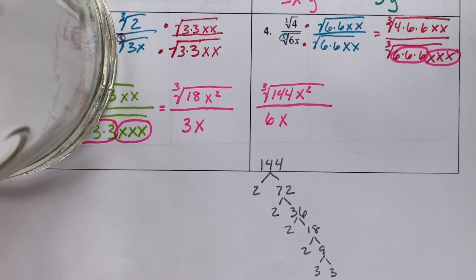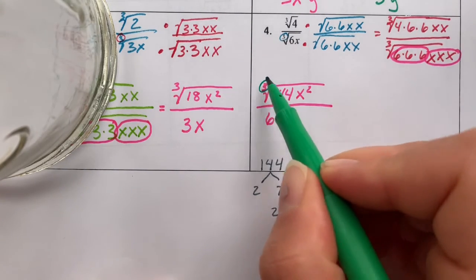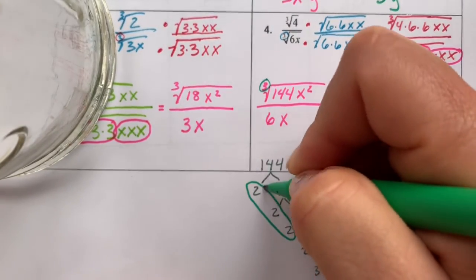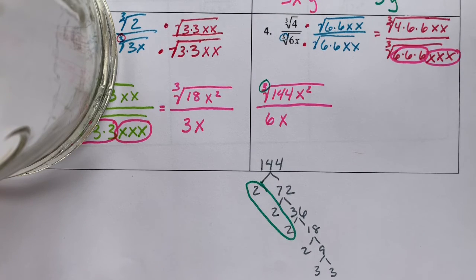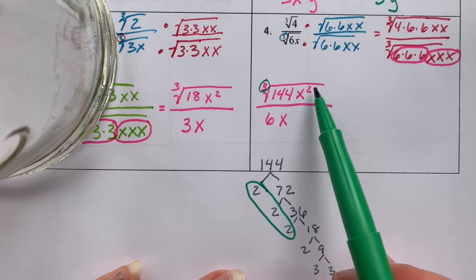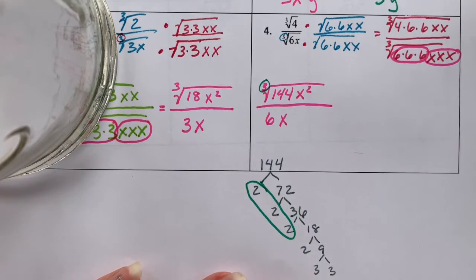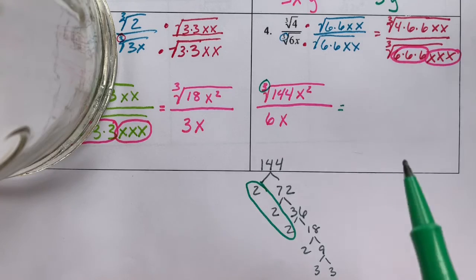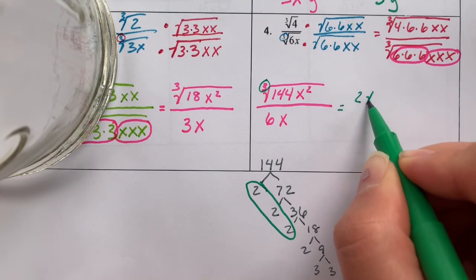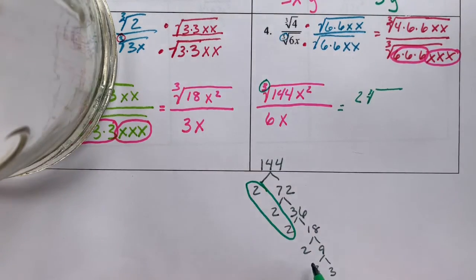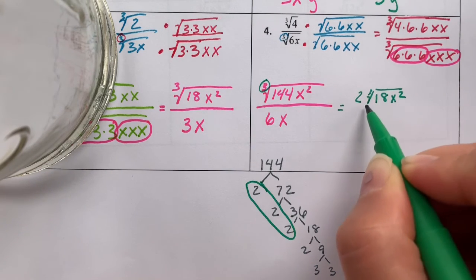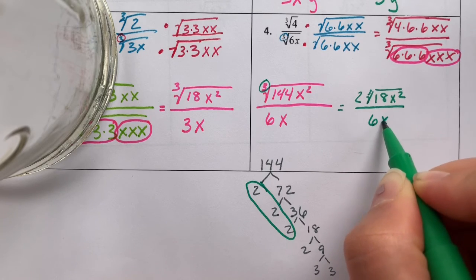So now I'm going to circle groups of 3 because of my 3. So I have a group of 3 here. I don't have anything else that I can take out. Also, x squared, 2 is less than 3, so I can't take anything out there. But I can reduce this radical. So it becomes 2 cube root 2 times 3 is 18, x squared all over 6x.